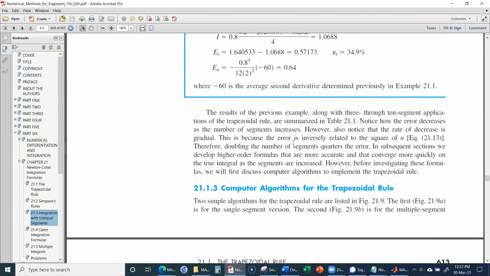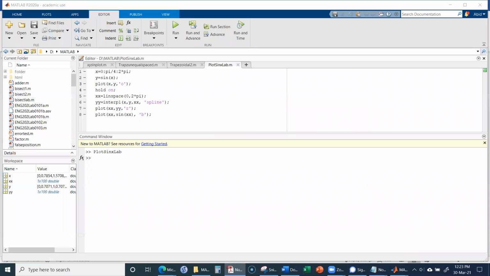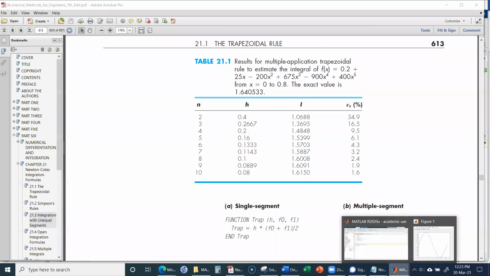And then we can further see that if we increase the segments, the answers correspond to like this. So how can we reproduce it on Matlab? This is our purpose today.